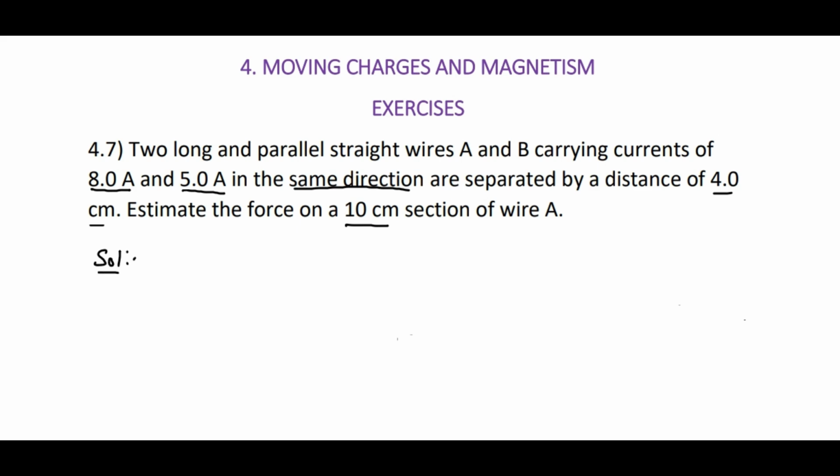Here, assume that this is wire A and it is wire B. In both of them, currents are in the same direction. I suffix A is equal to 8 ampere and I suffix B is equal to 5 ampere.